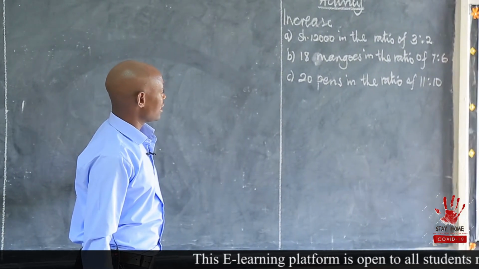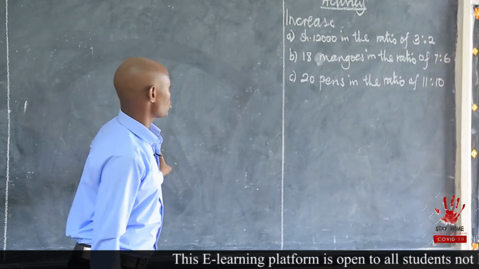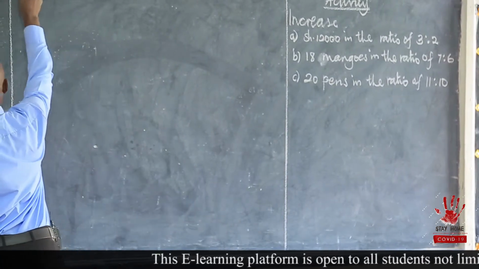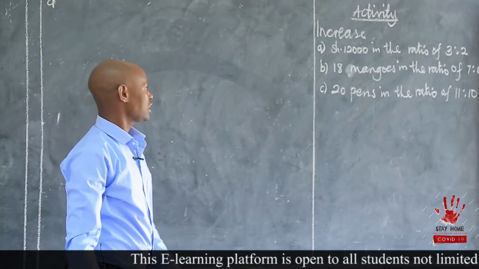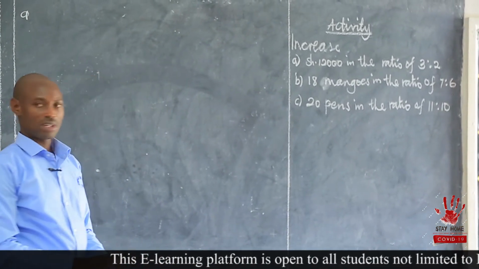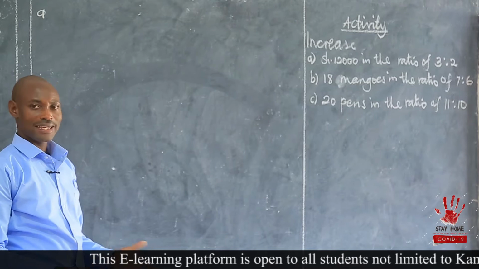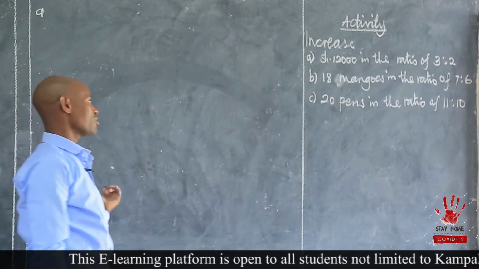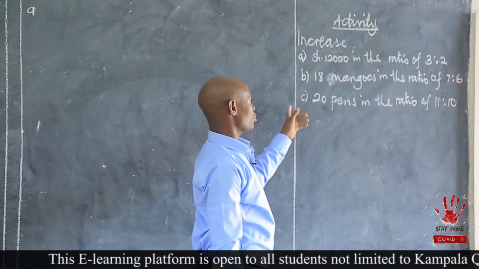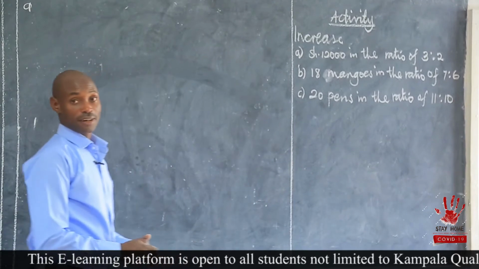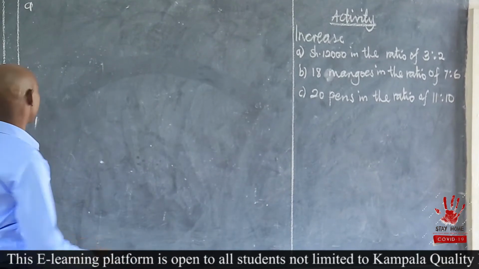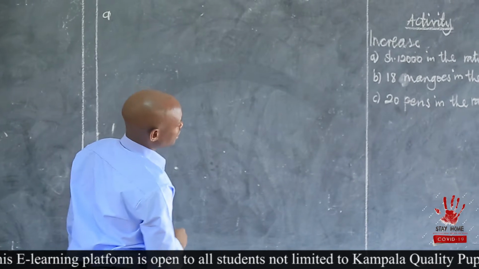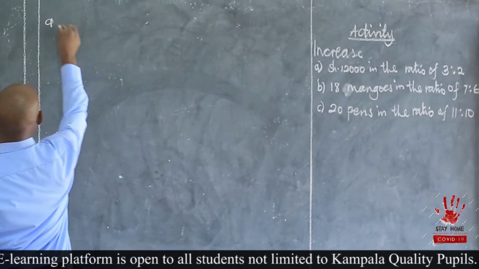So the first question was, increase 12,000 shillings in the ratio of 3 to 2. We are increasing 12,000 shillings in the ratio of 3 to 2. So what did I tell you? I told you that when you are increasing, make sure the bigger figure forms the numerator of our fraction. And for that case, the bigger figure there is 3.